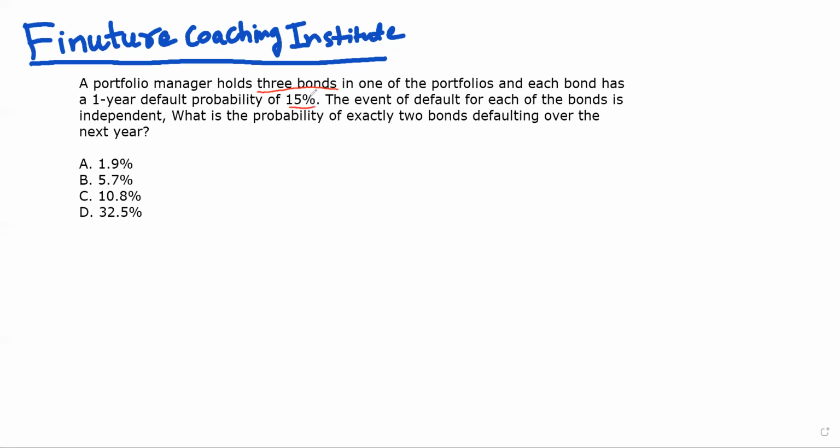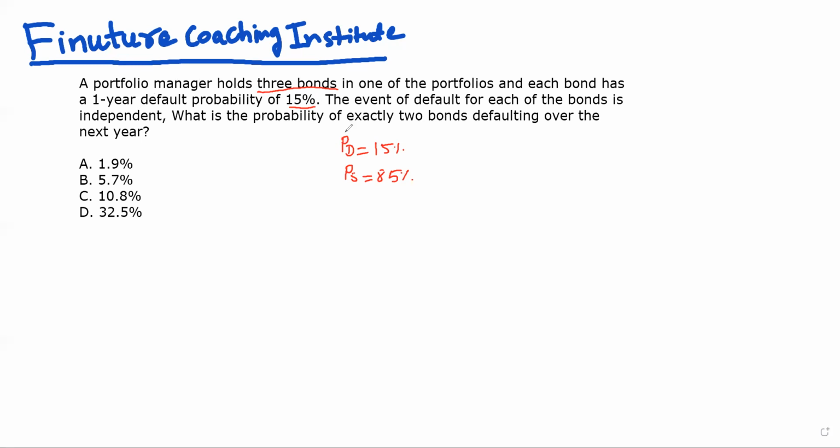So the probability of default, let's call it PD, is equal to 15%. And if the probability of default is 15%, the probability of survival is 1 minus 15%, that is 85%.